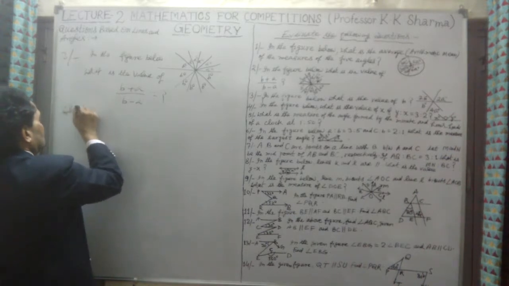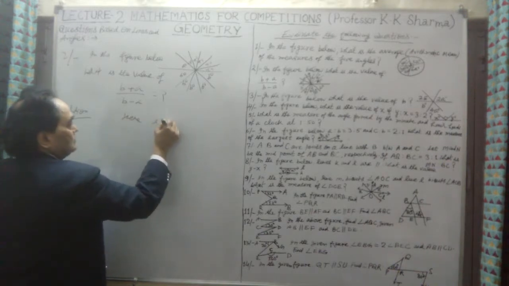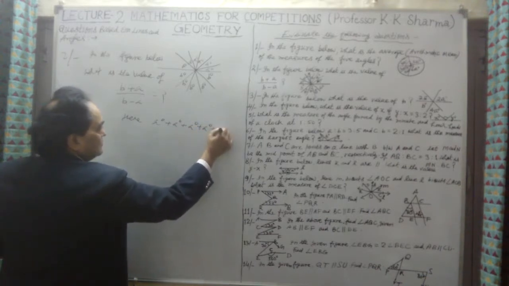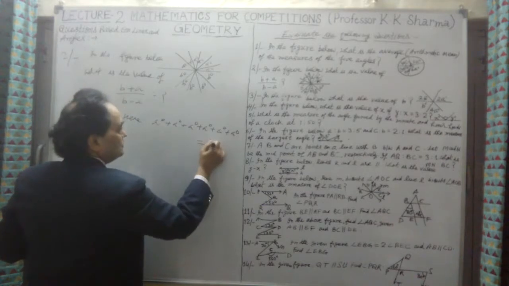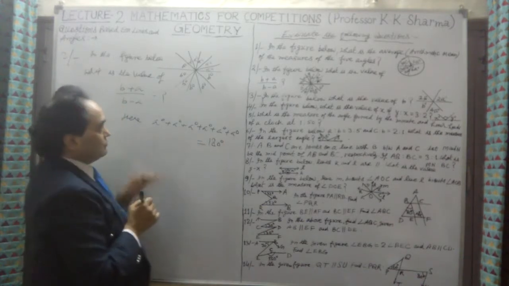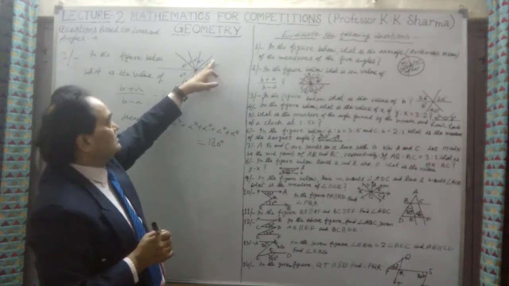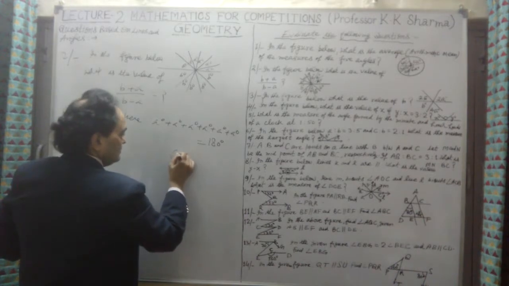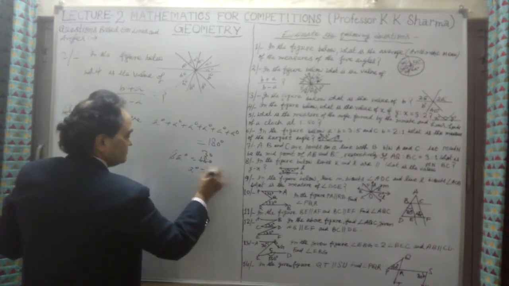First find the value of a. a degree plus a degree, 6 times, is equal to 180 degrees, because the sum of all the angles above the straight line is 180 degrees. So 6a degree is equal to 180, therefore a is 30 degrees.